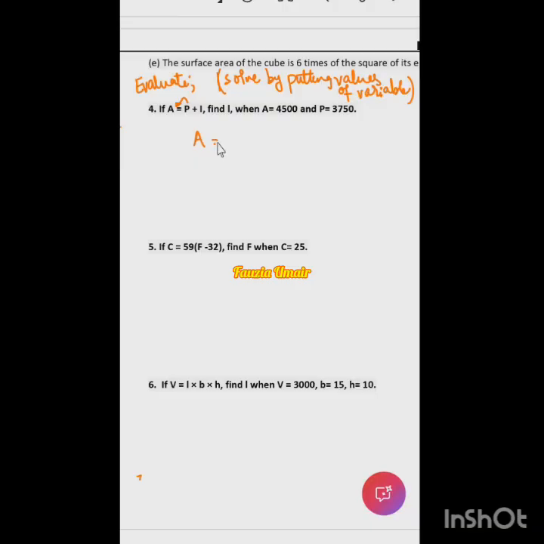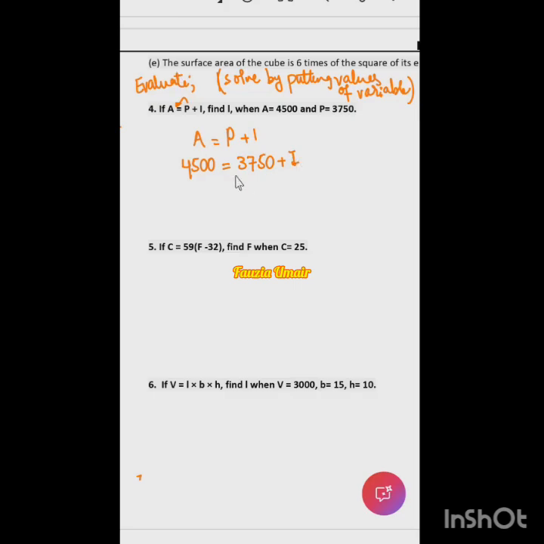So A is equal to P plus I. First step is just replace the values. I know the value of A is 4500 and P is 3750. Now we don't know I, so I will remain as it is, right?